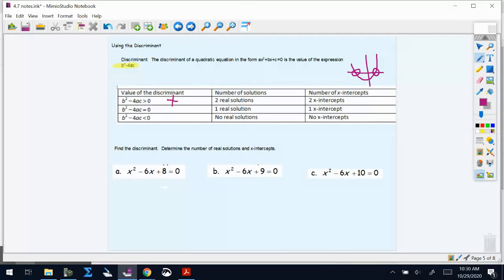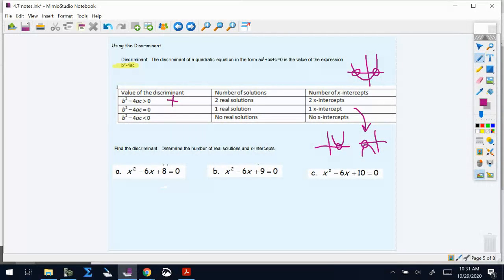If you have a discriminant that equals 0, so you go through the whole process, b squared minus 4ac, and you get a 0, what that means is it only has one real solution, which means instead of crossing the x-axis twice, it's just going to sit on the x-axis. I'll draw you a couple pictures. When you draw your parabola, it's going to just touch your x-axis, or it can be drawn flipped upside down, and it's going to just touch.